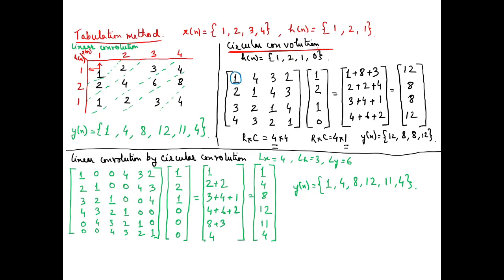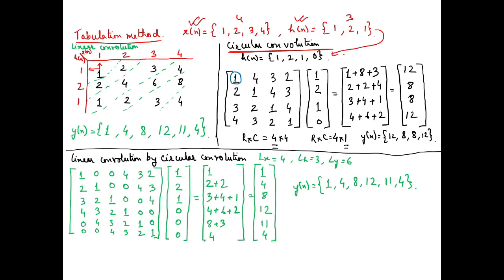Okay. Now there is another type of convolution which is regarded as circular convolution. In the circular convolution, what you have to do is that the length of both the signals, in this case x of n and h of n, should be the same. Here the length is 4, here the length is 3. So we have to take this signal h of n and convert it into a signal having a length of 4.